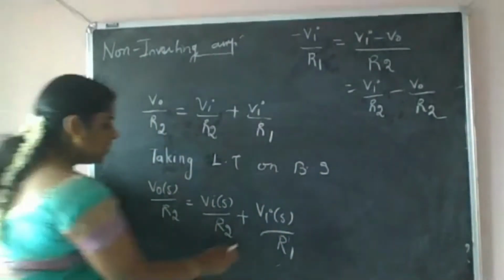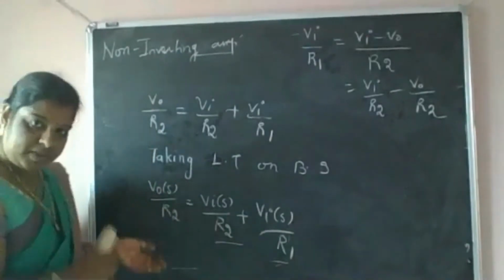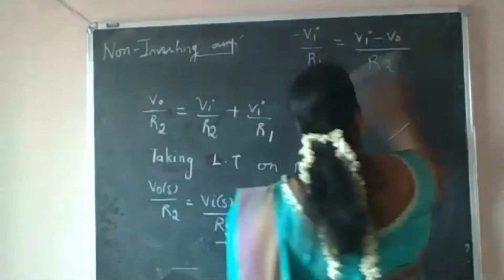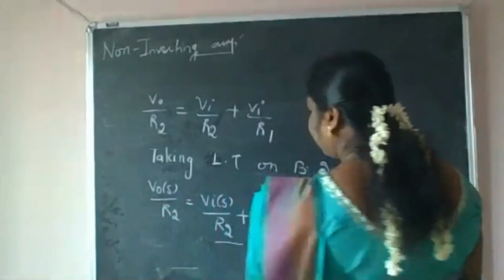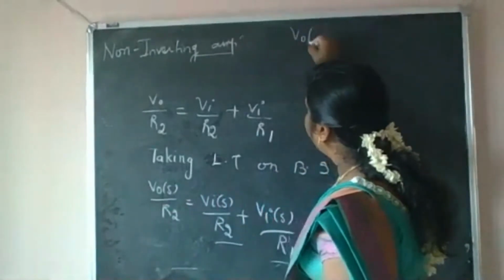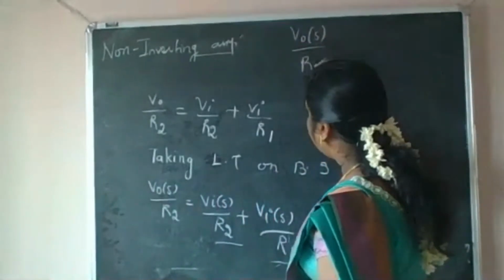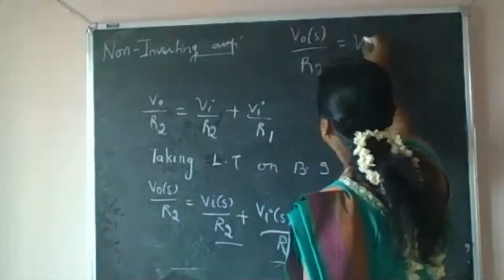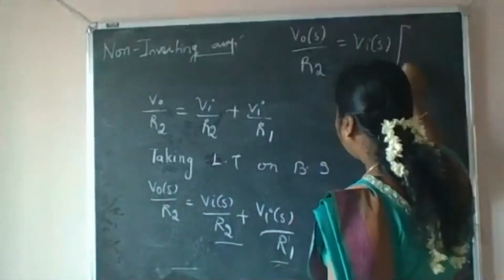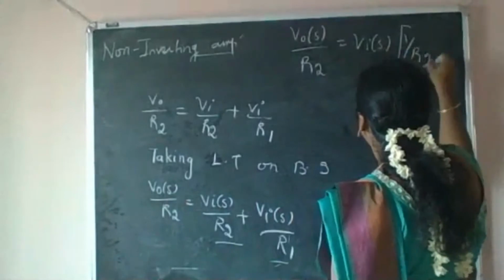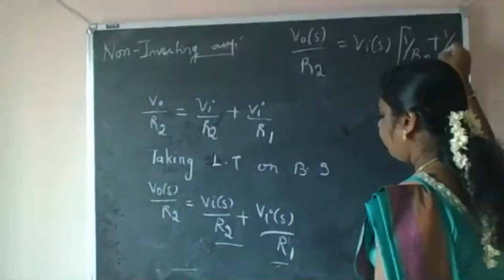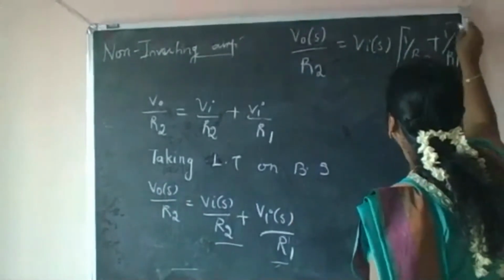In these two terms, Vi of S is common, so take it outside. We will get V naught of S divided by R2 is equal to Vi of S into 1 by R2 plus 1 by R1.